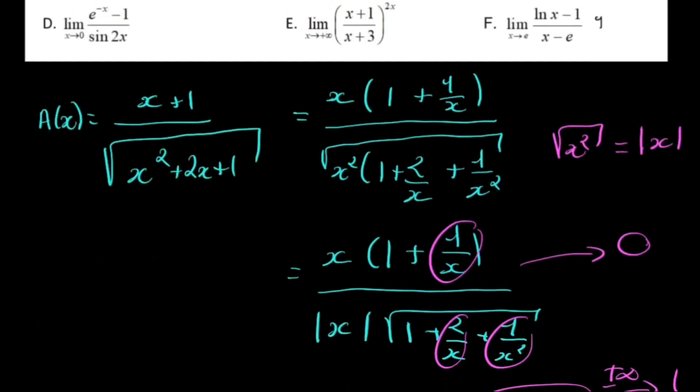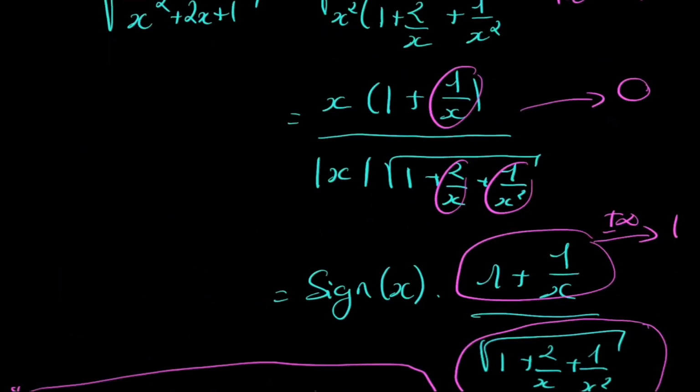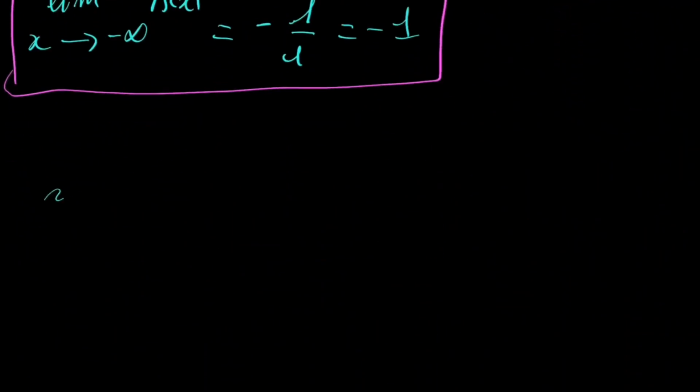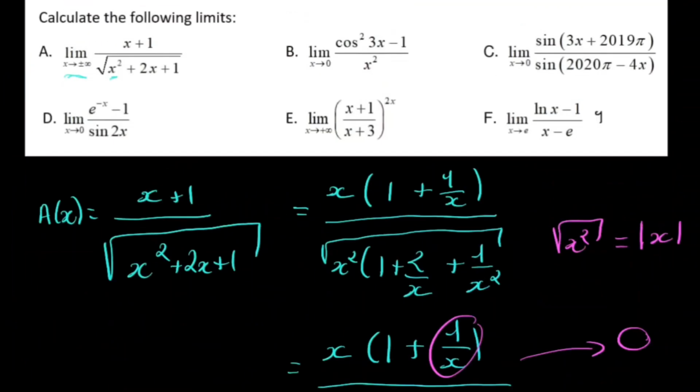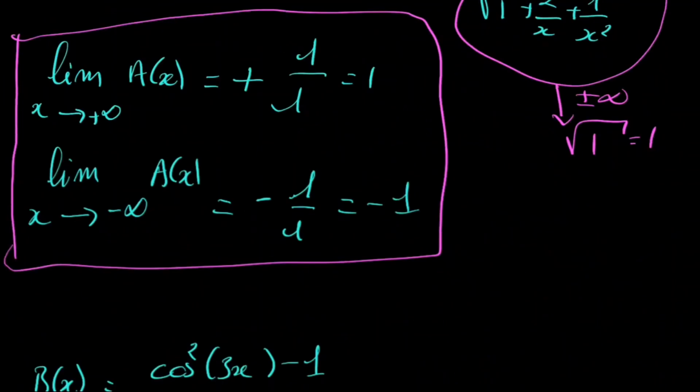Now what about the second limit? We've got B of x equal to cosinus squared of 3x minus 1 over x squared.